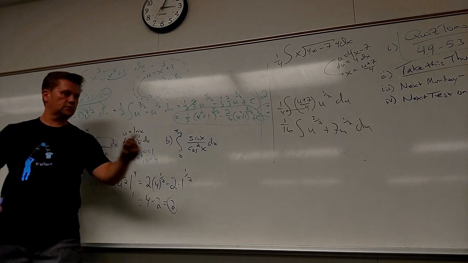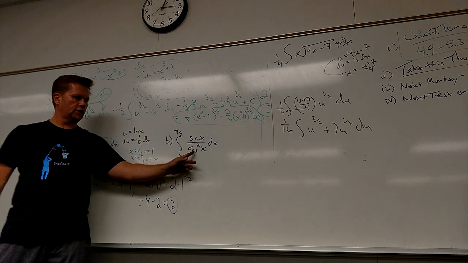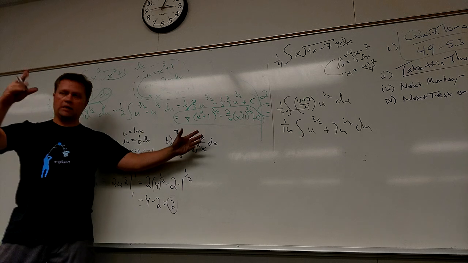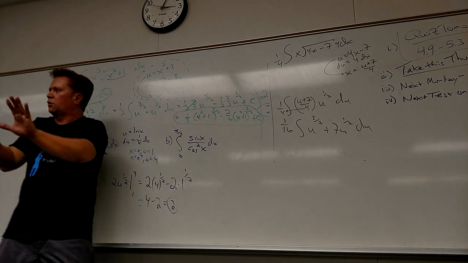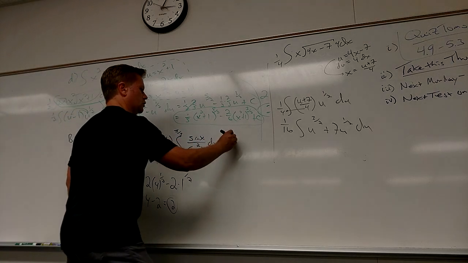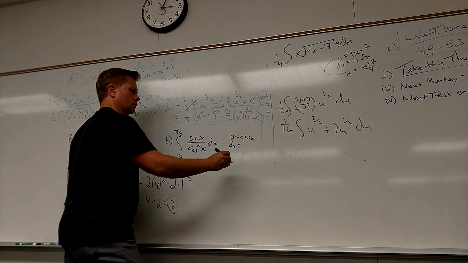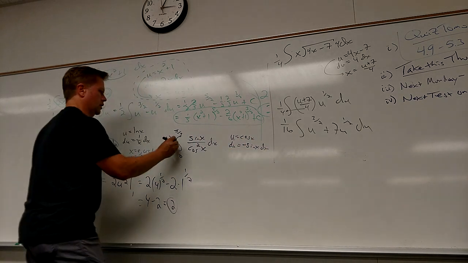What kind of determines it sometimes is what's free to move, which is sine x, really. So if you let u be cosine, then the derivative is basically sine. Constants don't matter; we can make those work. So if u is cosine, then du is negative sine. That's easy to take care of.